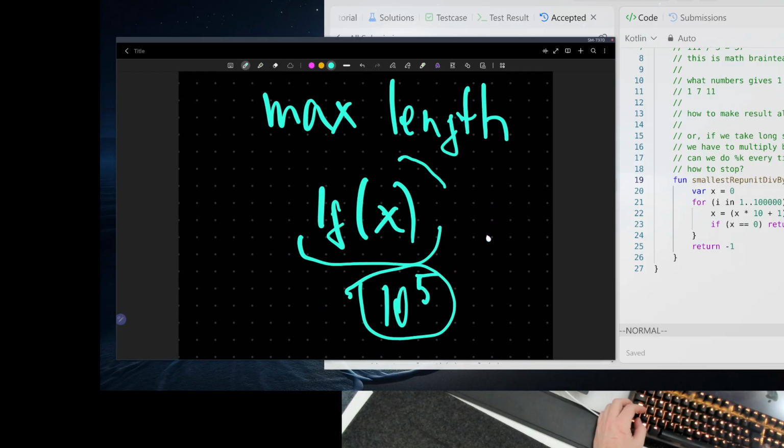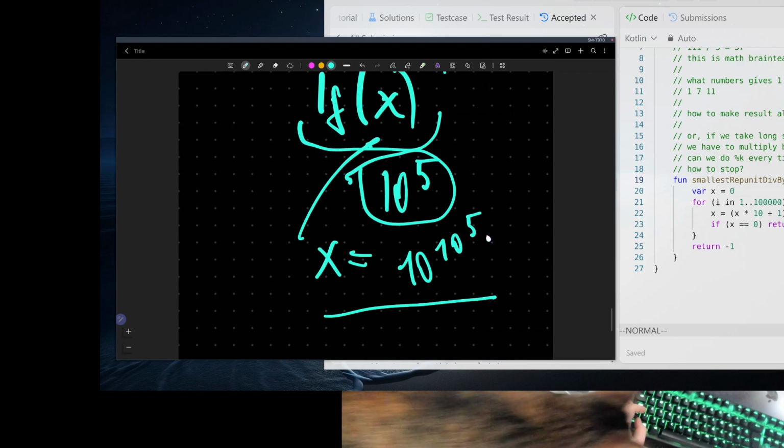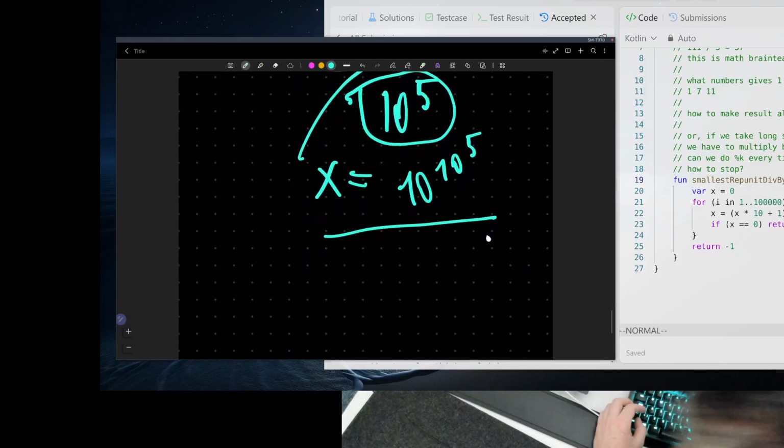That means that the number x is 10 to the power of 10 to the power of 5. It's a pretty big number, but is it actually correct?